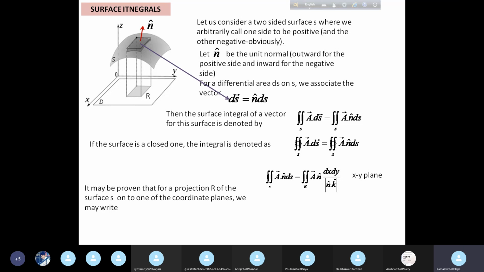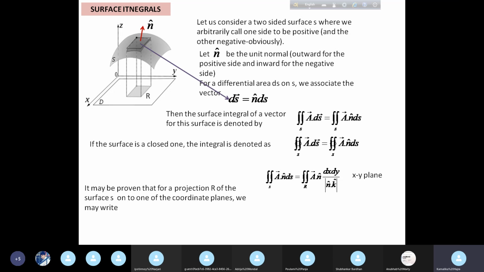For example, yes, this is R, I've written R. If you take the xy plane, this is in accordance with the picture that I've drawn here, that you have put a source of light on top of the surface and the shadow is formed on the xy plane. Then this surface integral, this is an open surface, so you don't need to draw this circle on the integral sign. So this surface integral A dot n cap ds is equal to integral over R. So you can switch from integral over S, which was arbitrarily placed, to integral over R, which is confined to the xy plane.